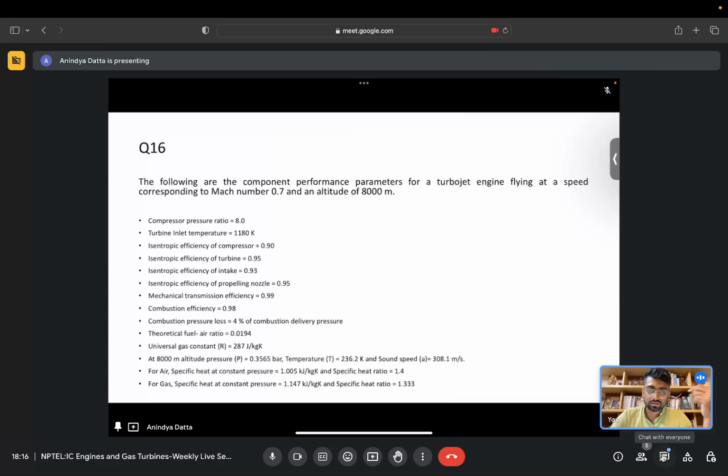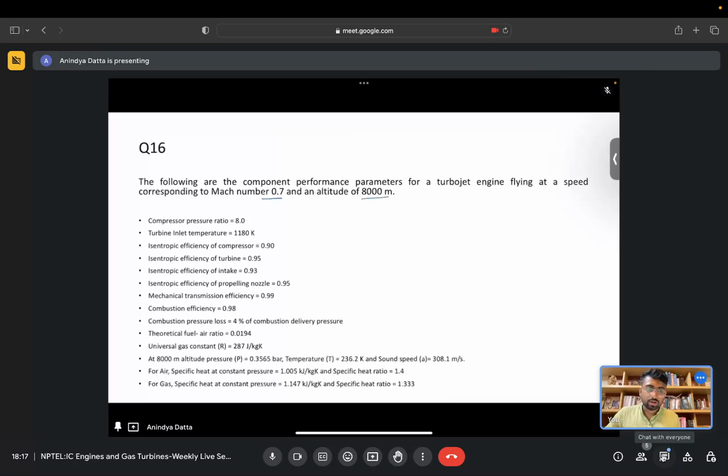So today let's do a full thermodynamic analysis of a turbojet engine cycle, with all irreversibilities and everything involved. Let's go through the problem first. We have a turbojet engine flying at a speed corresponding to a Mach number of 0.7 and an altitude of 8000 meters.